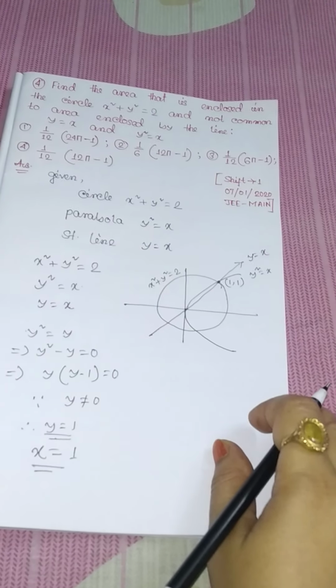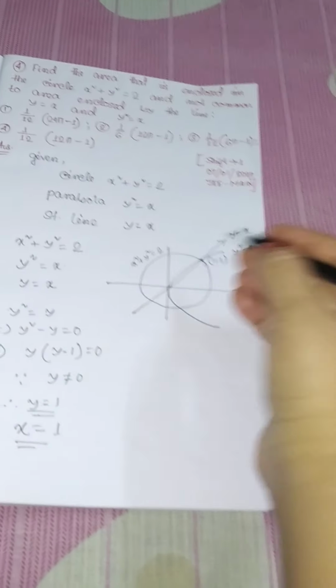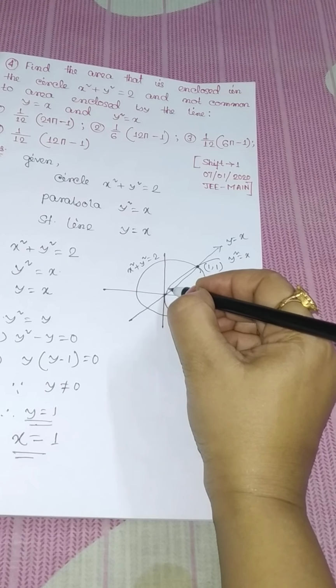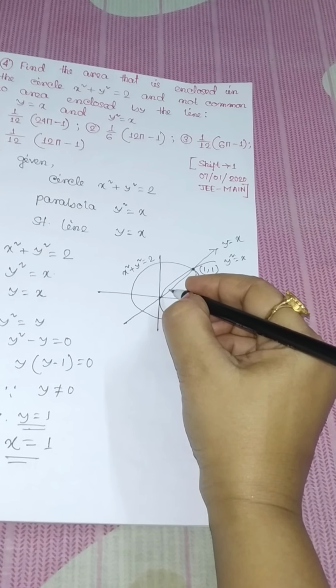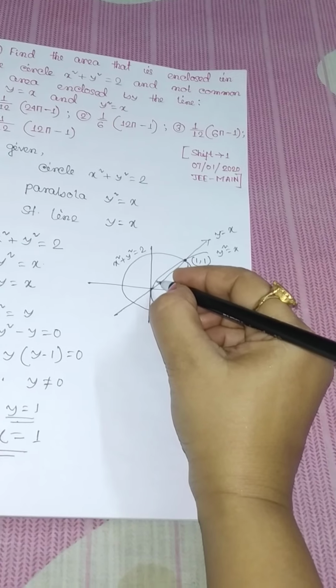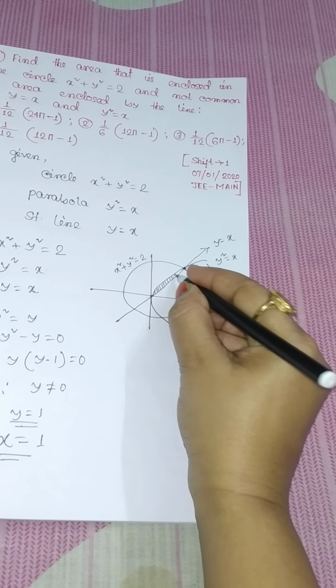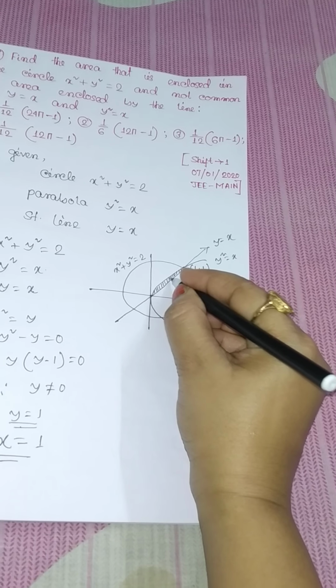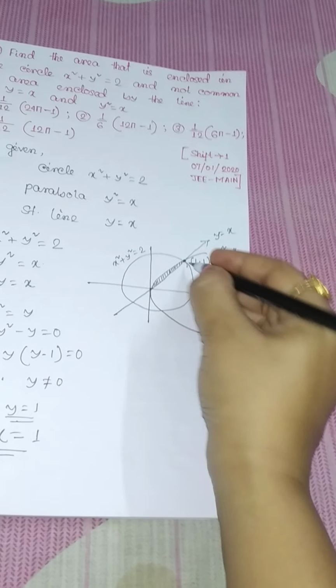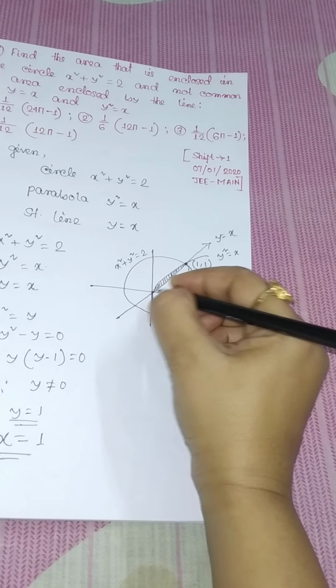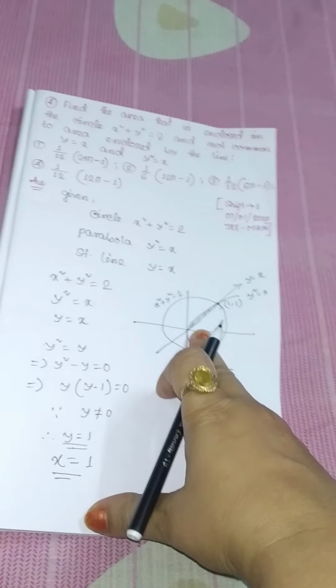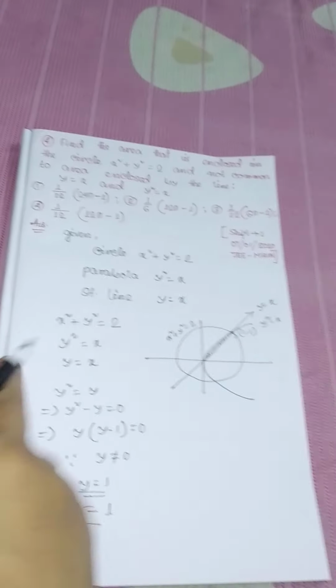Now we have to subtract. This is our common area, which the straight line makes with the parabola and the circle.